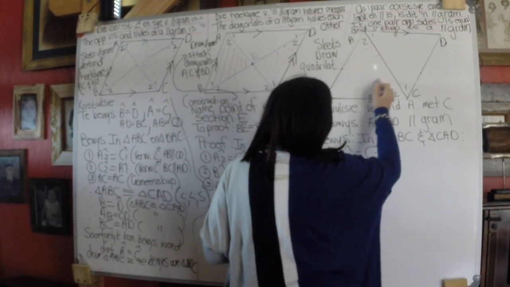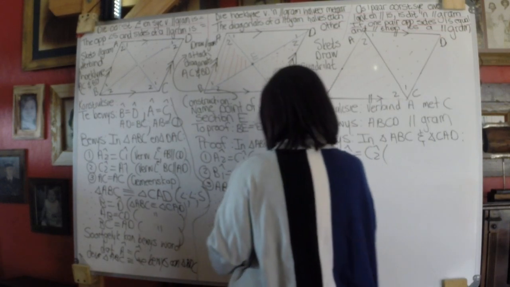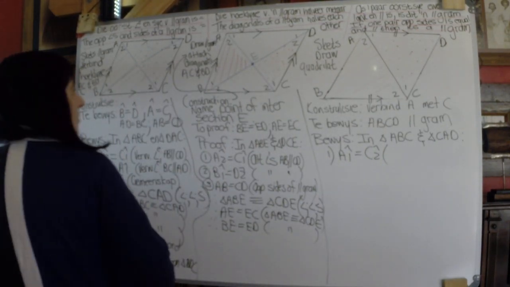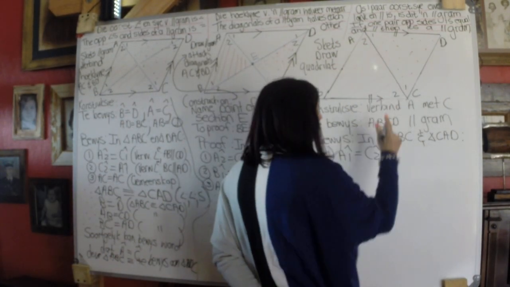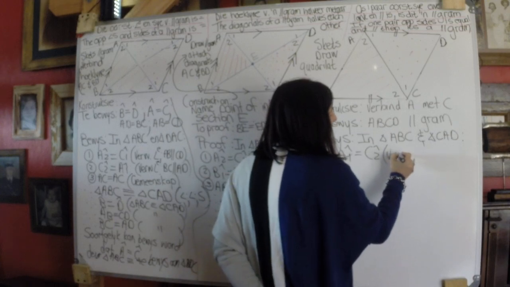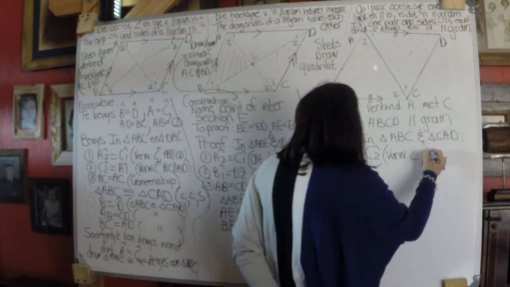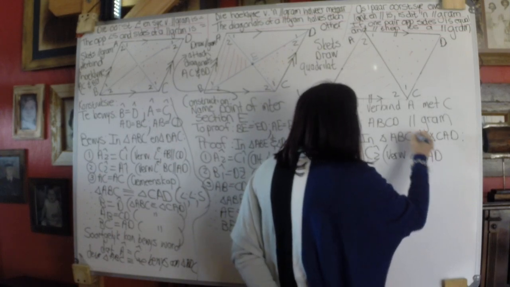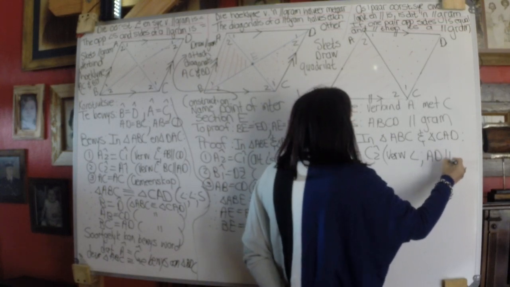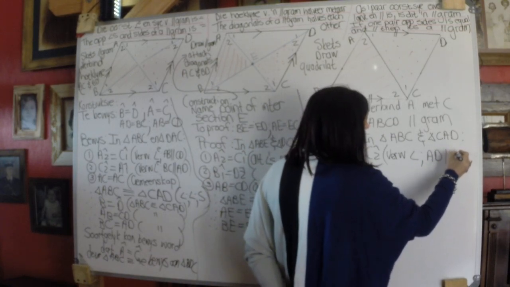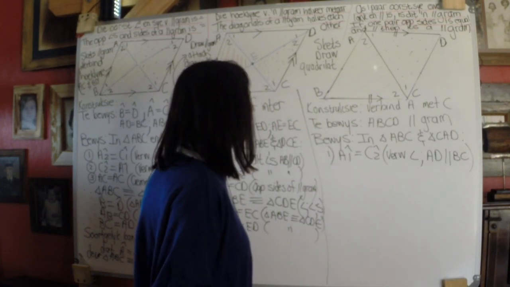This guy and that guy. So ons kan sê dat A1 gelyk is aan C2. Ons kan duidelik sien dit is verwisselende hoeke, want gemerk is AD, and remember to mark that on your sketch, are parallel to BC. Right, that's the first thing.